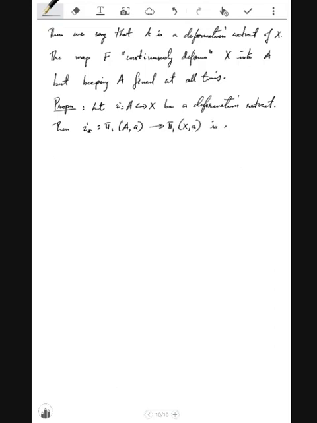So the proposition we want to prove: let A be a deformation retract of X, then i lower star from pi 1 of A to pi 1 of X is an isomorphism.